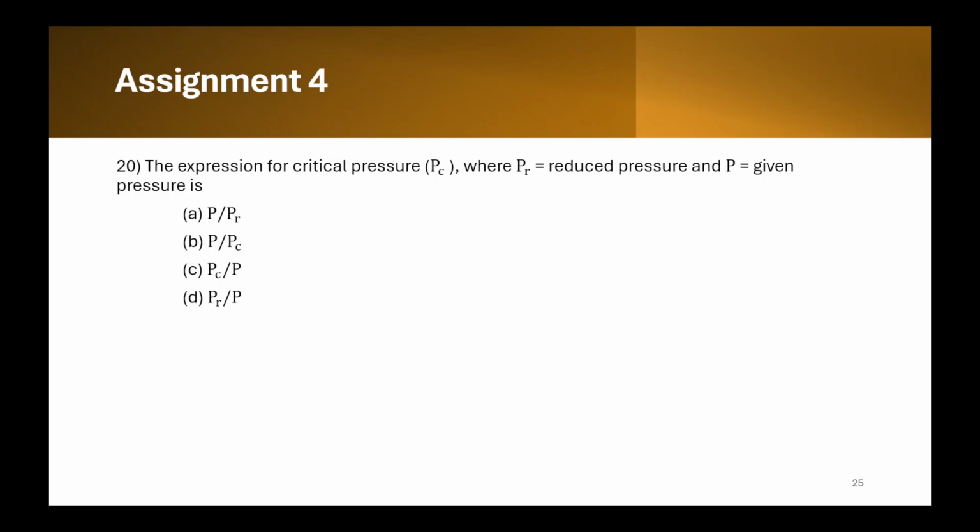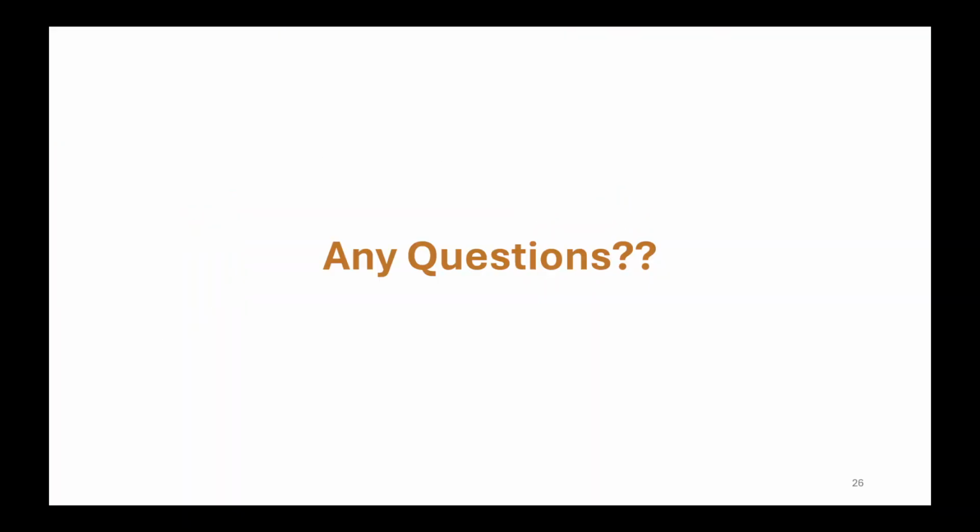So we know reduced pressure is P by PC, right? And then PC will be P by PR. So the correct option here is A part, P by PR.